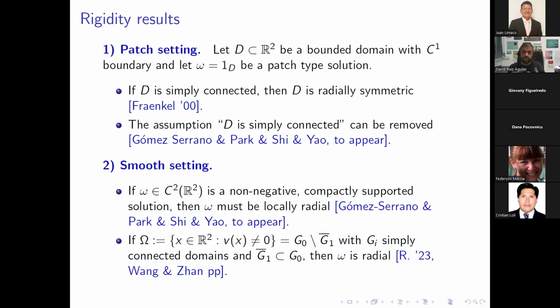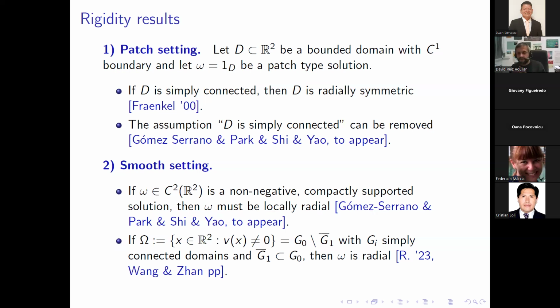And what about the smooth setting, for solutions that are smooth? In the same paper, Gómez-Serrano, Park, Shi, and Yao proved that for any non-negative compactly supported solution, omega must be locally radial. So again, here omega has compact support.